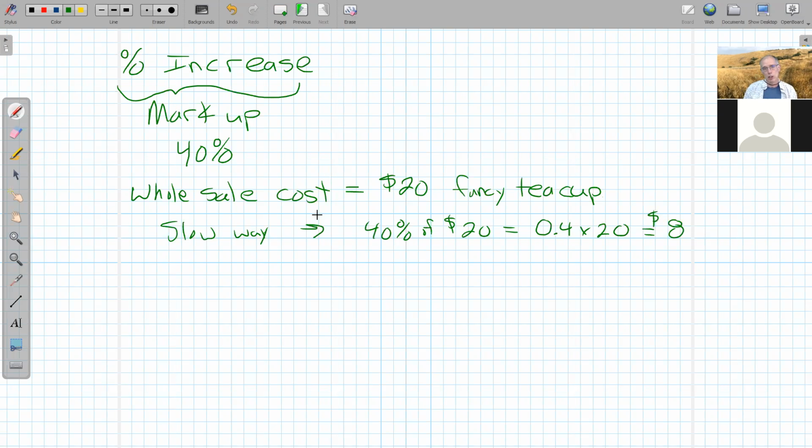So from the percent markup, I get the amount of markup. It doesn't matter what the original thing was, I just multiply by 40% to get that.